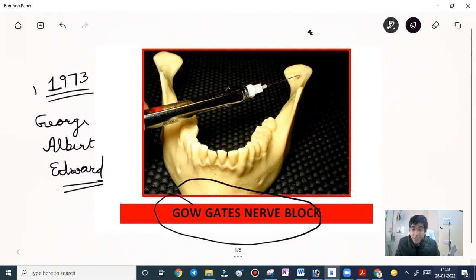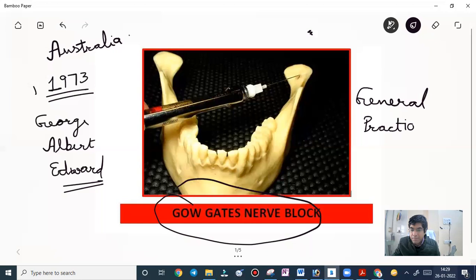He was a general practitioner of dentistry in Australia. Remember, he was a general practitioner, who described a new approach to mandibular anesthesia.